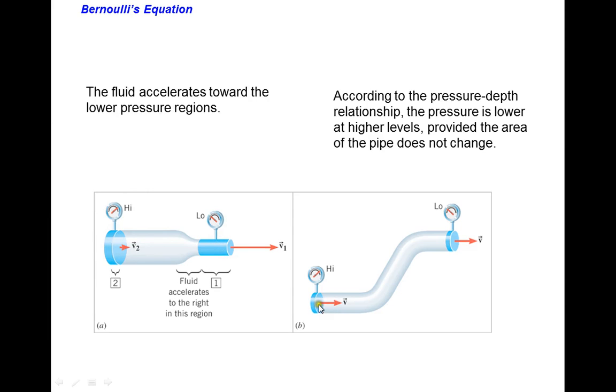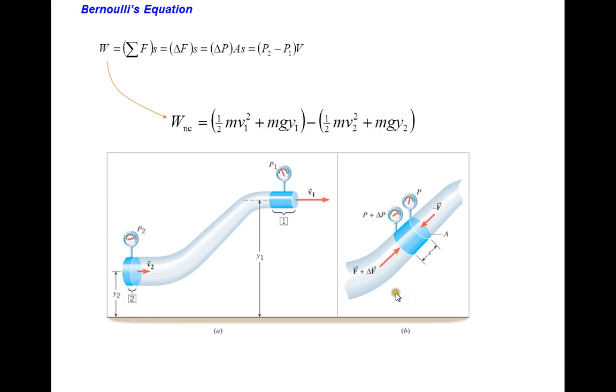Likewise, we have a case where if we have a pipe go through a change in height, according to the pressure-depth relationship, the pressure is lower at higher levels. Remember that we did this? P1 equals P2 plus rho gh. So the pressure is lower at the higher level and higher at the lower level. We can put these concepts together and think about the work it takes to lift up this water and bring it up here.